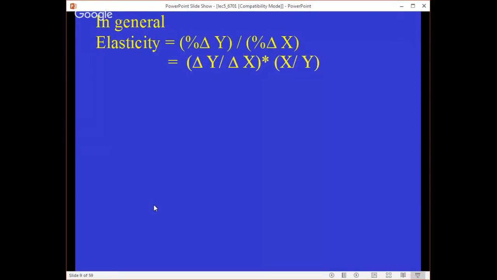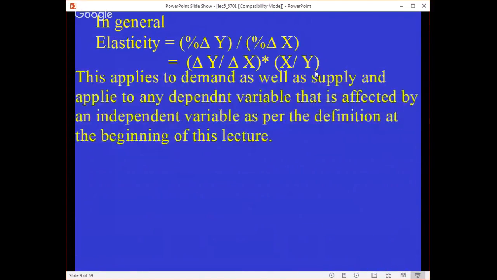I have a percentage change in one good, the dependent variable, we'll call it Y, divided by the percentage change in X. So I can rewrite that the way I did as a change in Y over the change in X times X over Y. So this applies to demand as well as supply. I can apply it to any dependent variable that's affected by an independent variable.